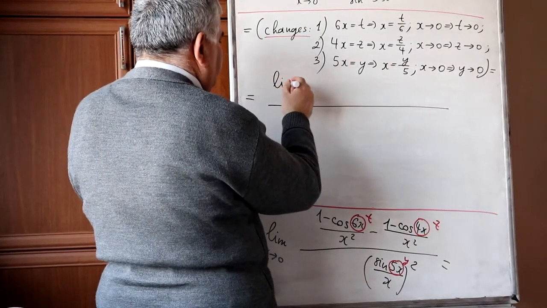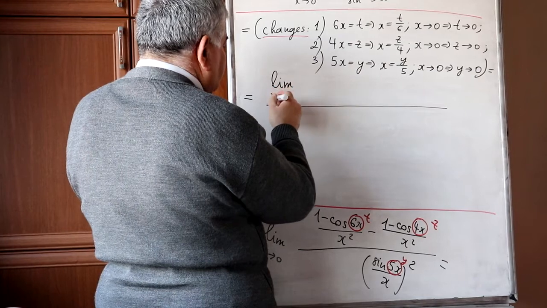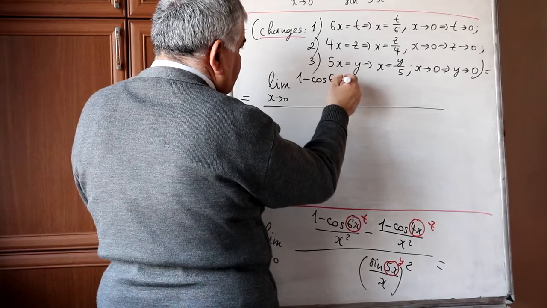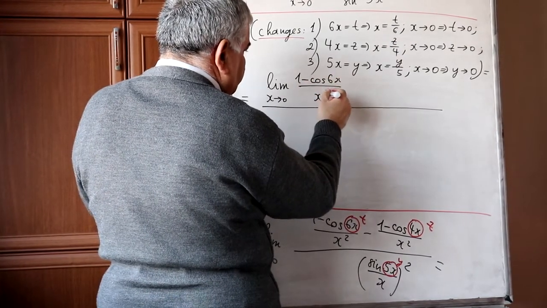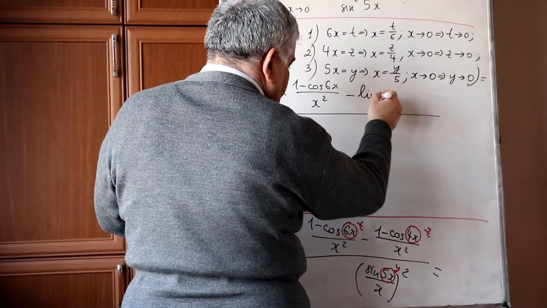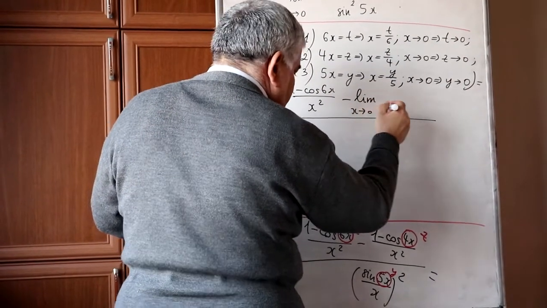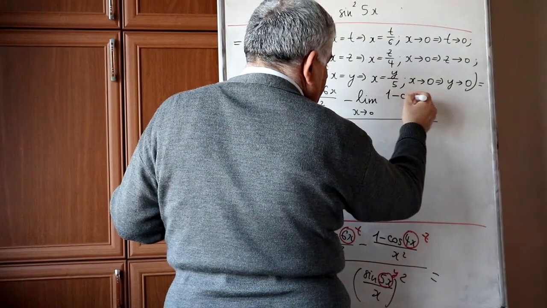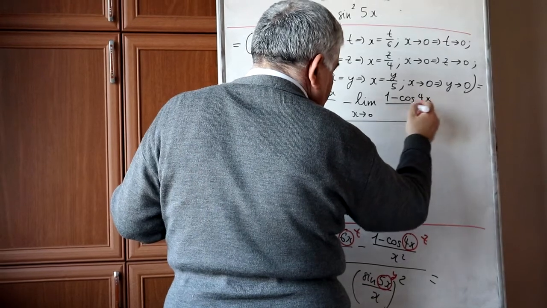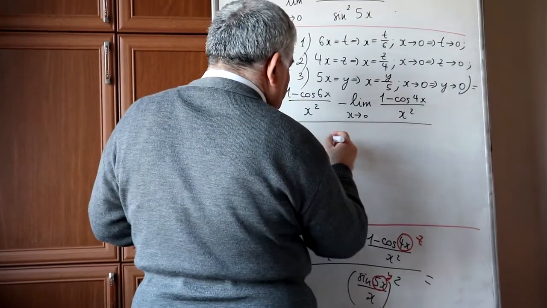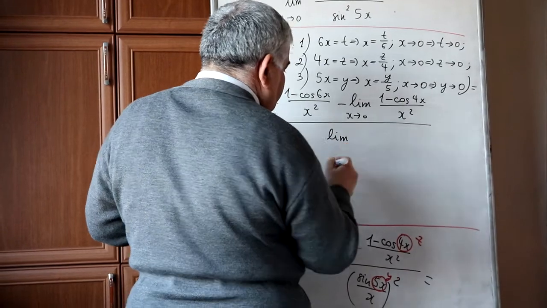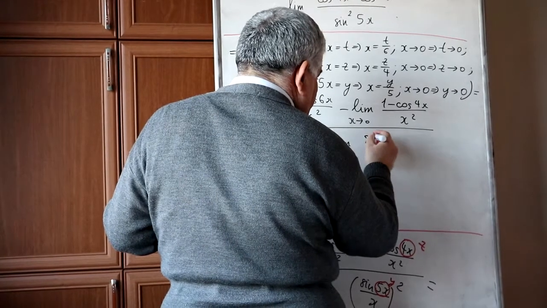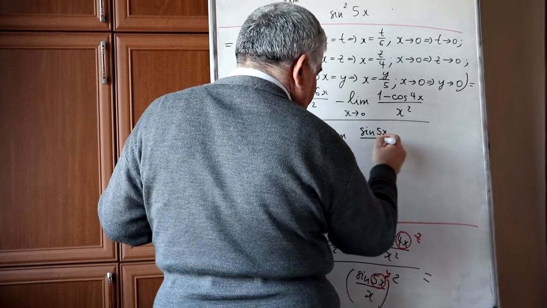Limit when x tends to 0 of 1 minus cosine 6x over x squared, minus limit when x tends to 0 of 1 minus cosine 4x over x squared, and divided by limit when x tends to 0 of sine 5x over x squared.